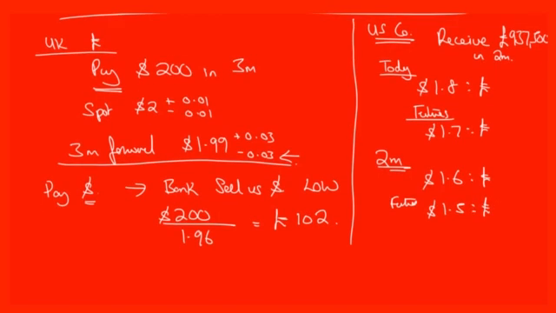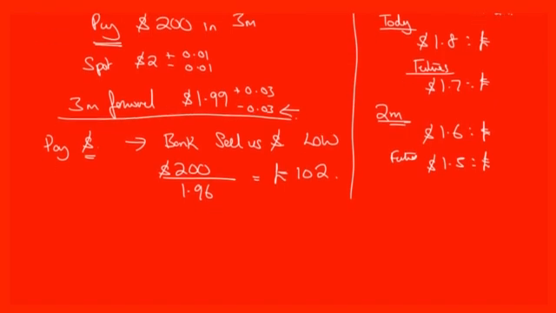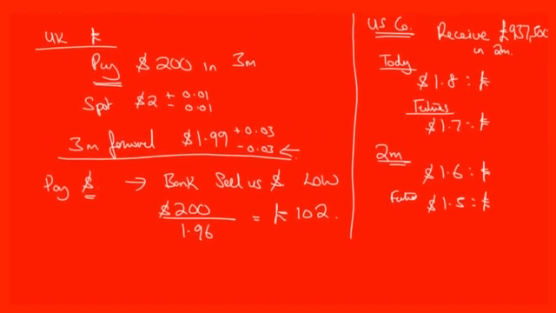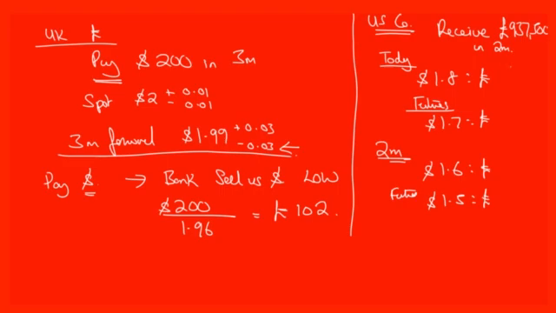Let's have a look where we would be. If we took it today, we would receive £937,500, but we're a US company, so times by 1.8. If we'd done it today, we would have received in dollars 1,687,500.